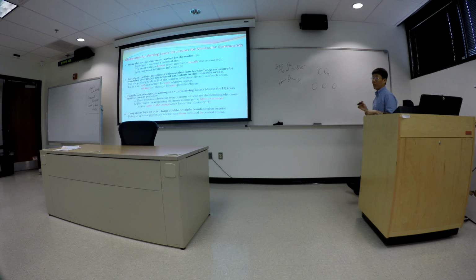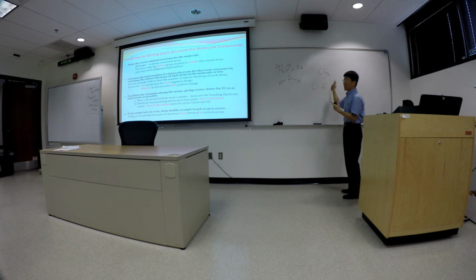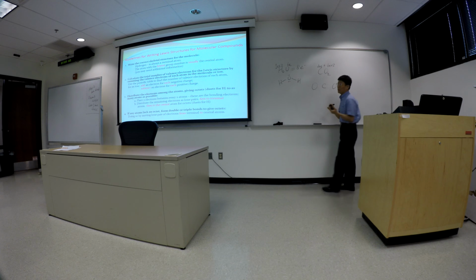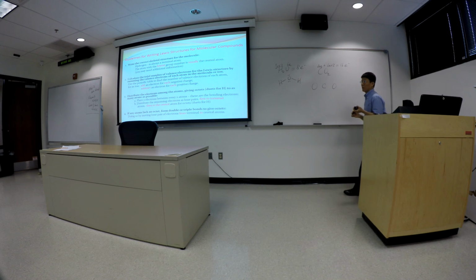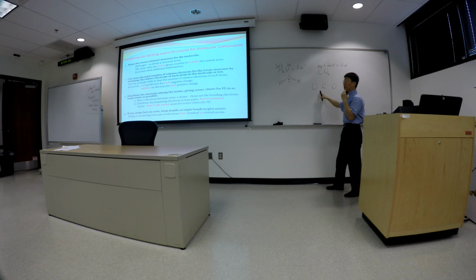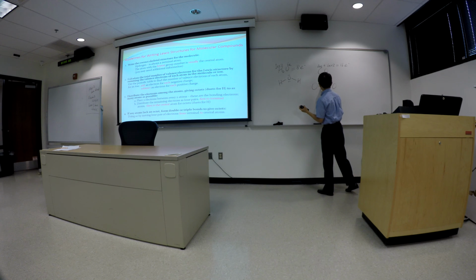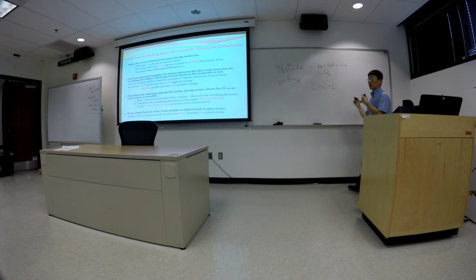Another example, carbon dioxide. Okay? We draw the skeleton structure there: oxygen, carbon, oxygen. Carbon is group 4A, so 4 electrons, plus group 6A, 6 electrons times 2. Well, you get a total of 16 electrons. Once we determine who is the central atom, who is the terminal atom, and the total number of valence electrons available among those 3 atoms, the next step, we draw a line connecting carbon to oxygen, carbon to oxygen.